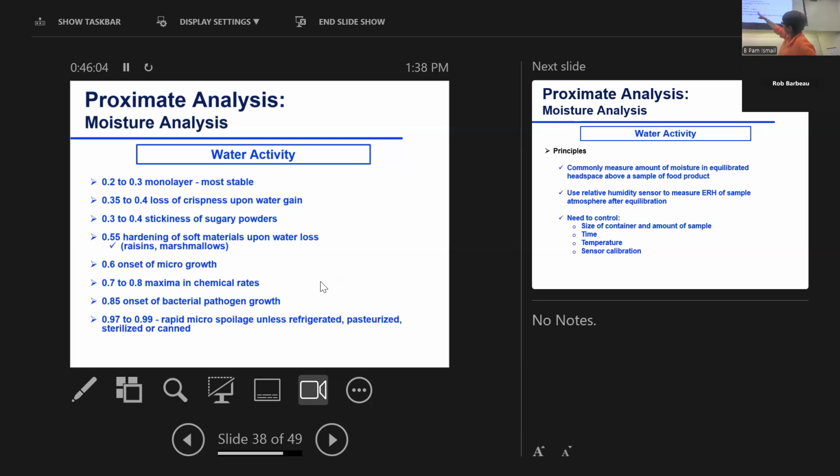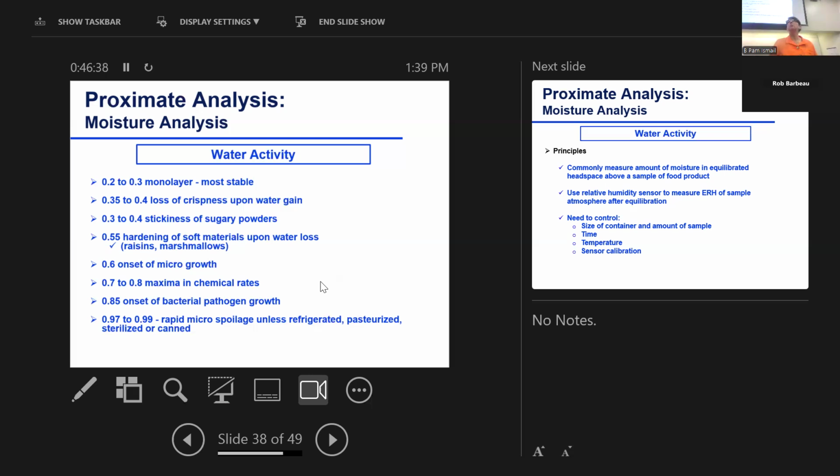And then you get hardening upon water loss for soft material, for example, raisins and marshmallow. And then at 0.6, you start having microbial growth, between 0.7 and 0.8 maximal rate for chemical reactions. And then above 0.85, you start getting pathogen growth. And then at very high, very rapid spoilage happening.